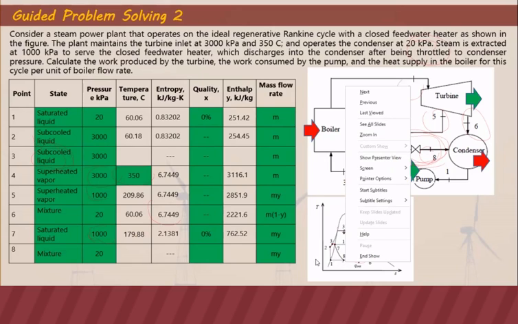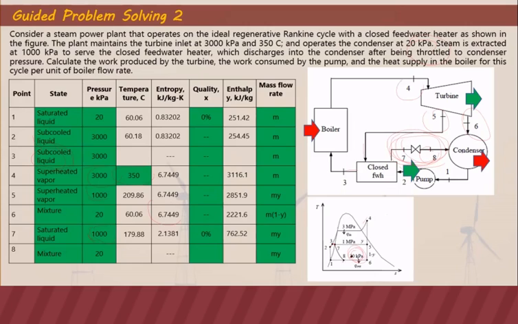As you can see in the diagram, it's a mixture at the 20 kilopascal saturation, so that's why the pressure is 20 kilopascal. Since this is a throttling process, it is considered to be constant enthalpy. So 7 to 8 is constant enthalpy, and that's why our enthalpy at 7 and 8 is the same, 762.52.